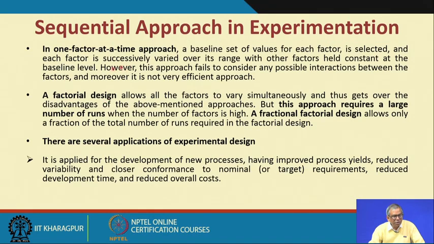In each of these, you need to know under what conditions you may apply a particular approach and under what conditions it is not applicable. In the majority of cases you will find that the factorial design approach is well adopted, and there are scientific reasons for its adoption in almost all the cases, and that's why there are several applications of the factorial design approaches.